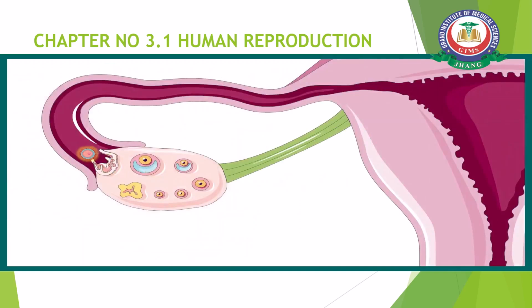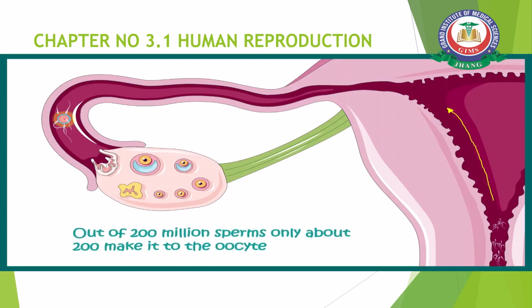Now imagine that at the same time there was sperm present in the female reproductive tract, so it would try to fertilize this ovum. It turns out that there are 200 million sperm ejaculated in one round of ejaculation, but only 200 of them survive and make it to the oocyte.